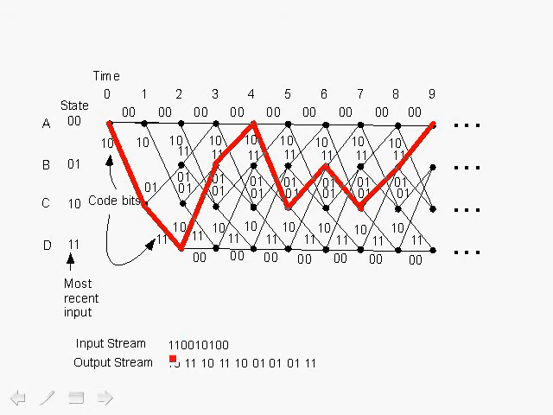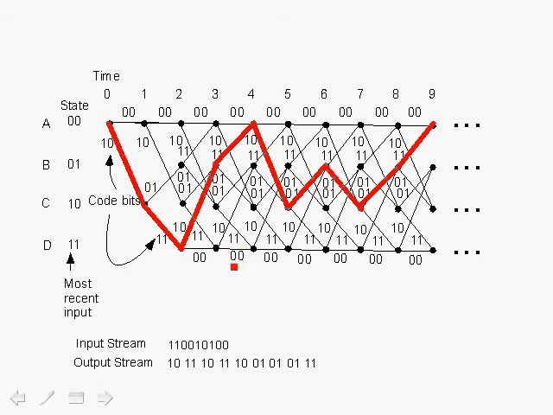So for a particular input bit stream, we traverse a path through the trellis diagram unique to that particular input stream. And what happens is when you have errors, this path will not be traversed.